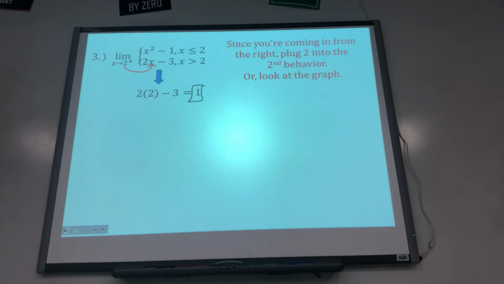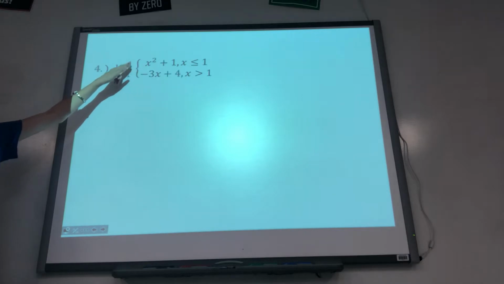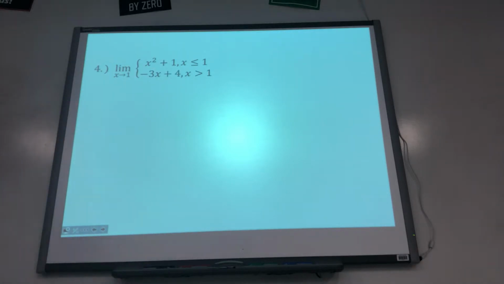Okay. Now, with number 4, it's not going to specify right or left. It just says as x approaches 1. And as you guys type that in or write that down, I'm going to type that in so I can show you what the graph looks like.